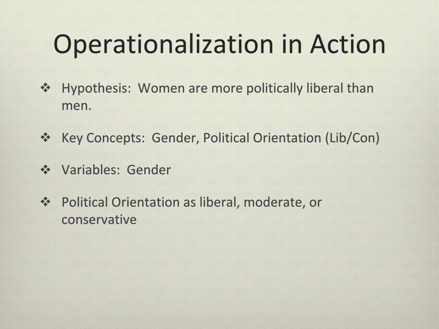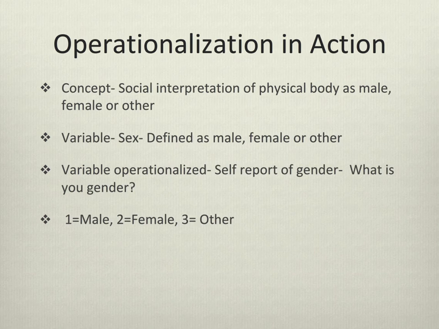You have two concepts here that you need to operationalize: gender and political orientation as liberal, moderate, or conservative. In this example, as I already stated, gender is fairly straightforward. We would probably just ask for a self-report of the person as male, female, or other.